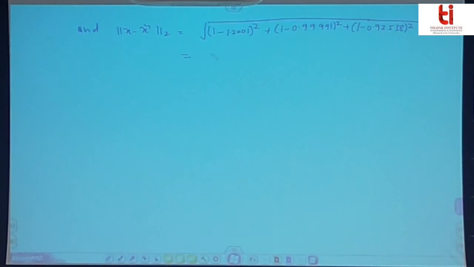The value is coming out to be 0.21356. So this is the distance between the exact and approximate solution of the system Ax equal to b.